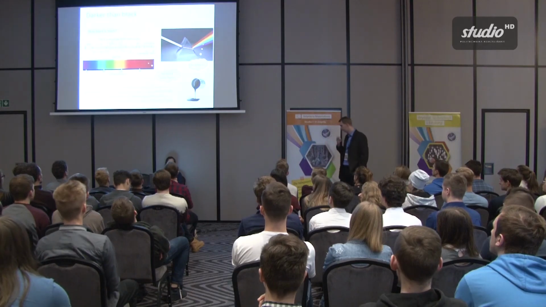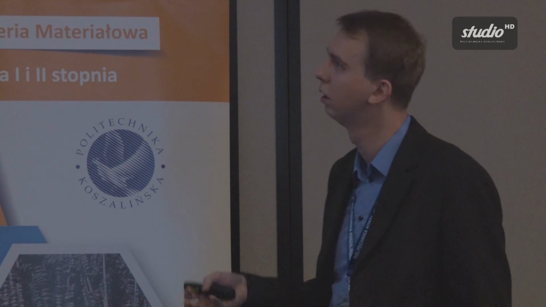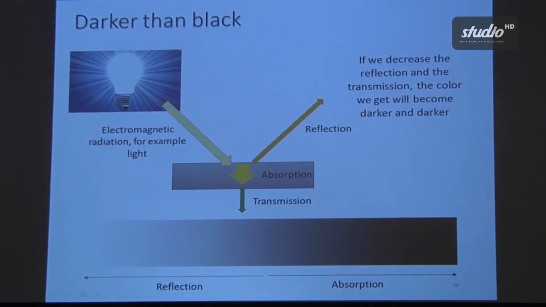Because in theory, all the colors originate from the reflection, absorption, and transmission of light in different manner. So with electromagnetic radiation, we can absorb some light, we can transmit it or reflect it. And the amount of reflection, absorption and transmission tells us what kind of color we have.